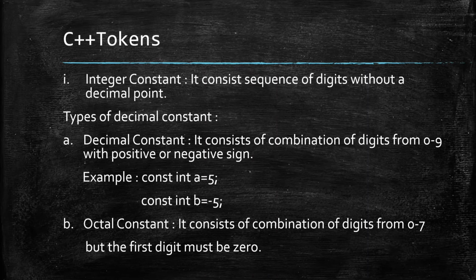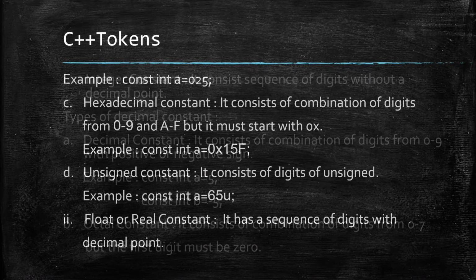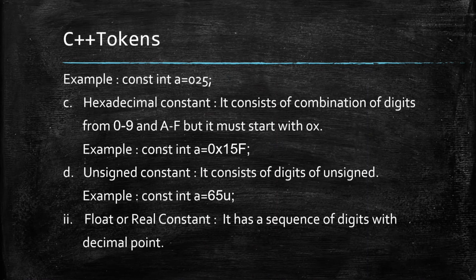Now 0 to 7, these digits come in decimal also, because decimal is the combination of digits from 0 to 9. Now how will the compiler understand that the constant which we gave is octal? So for that sake, the first digit must be 0. So let's see the example for this. So const int a is equal to 0 to 5.